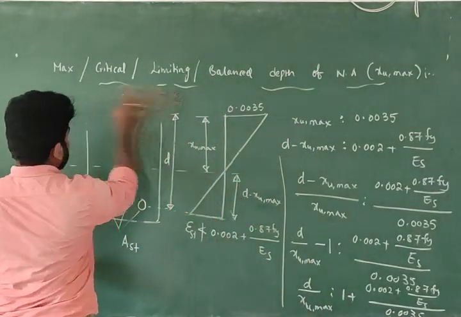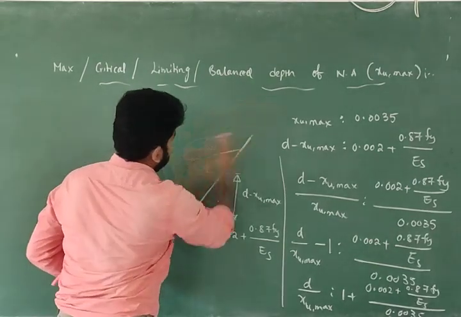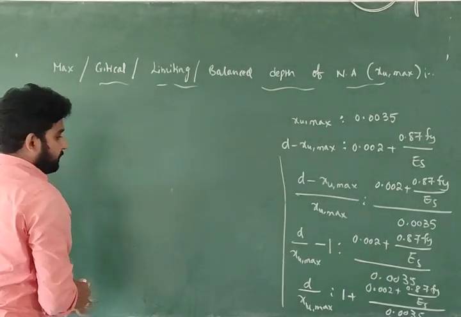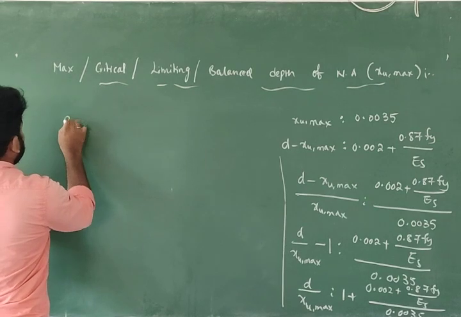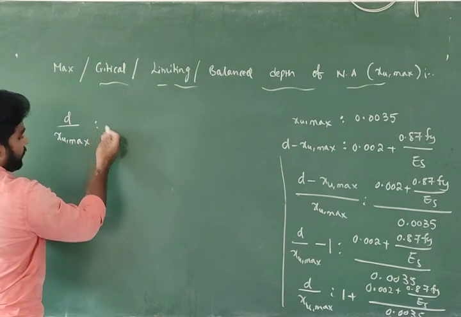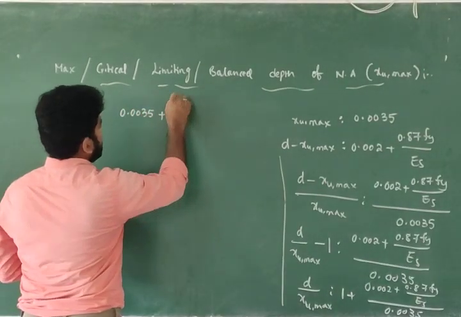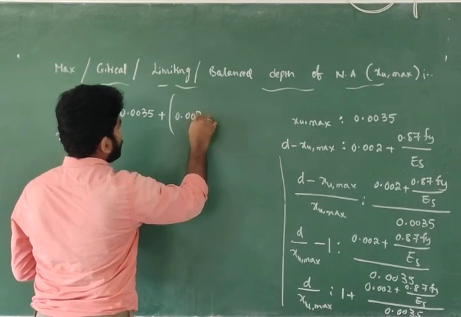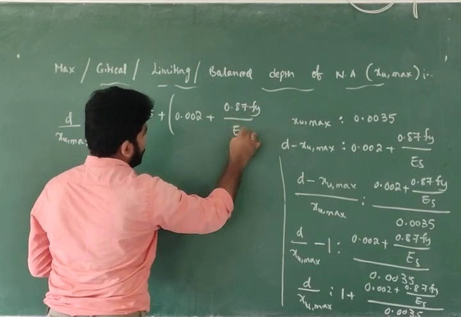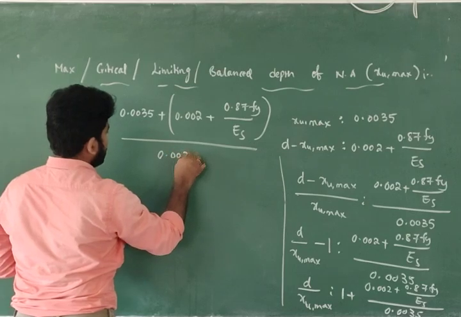So I am erasing this portion. Now D by XU maximum equals 0.0035 plus 0.002 plus 0.87 Fy divided by Young's modulus of steel, divided by 0.0035.